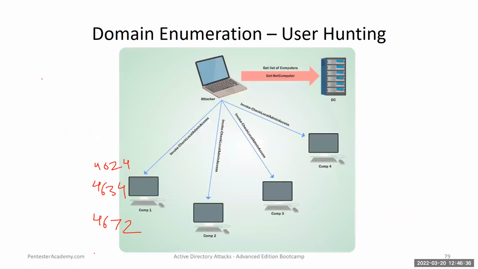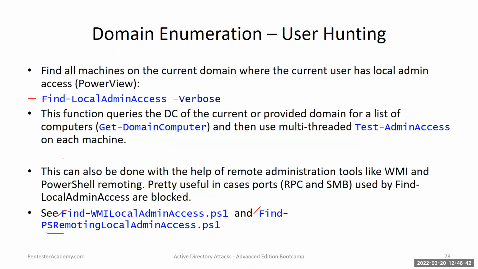A question is, for the previous one, how do you access a couple of hundred machines at a time? All of these scripts support a parameter called ComputerFile. So in place of running them like this, run with -ComputerFile and specify the list of machines there.